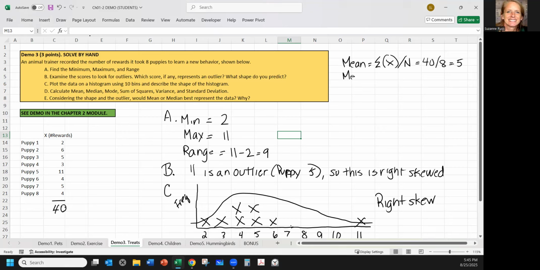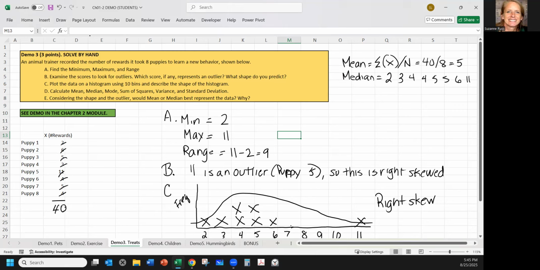The median is the number that's in the middle when I rank these values. So if I rank these values, I'll write them out here: 2, 3, 4, 4, 5, 5, 6, 11.